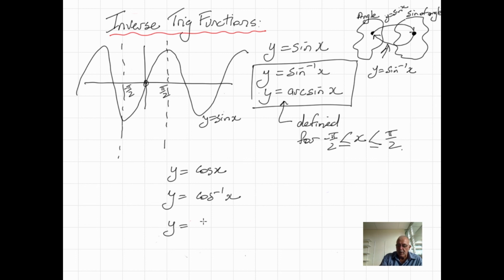And y equals tan x, and y equals inverse tan x. Now another word for inverse cos is arc cos, and another one for there is arc tan of x. That means I've got the tan ratio, go and find me the angle that has that. Okay.